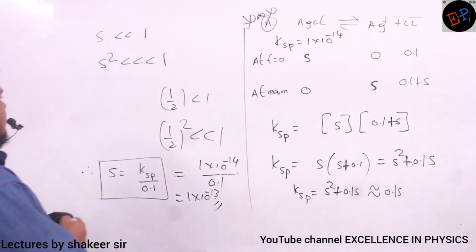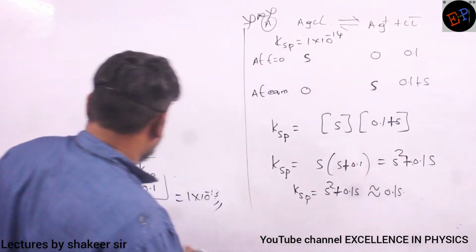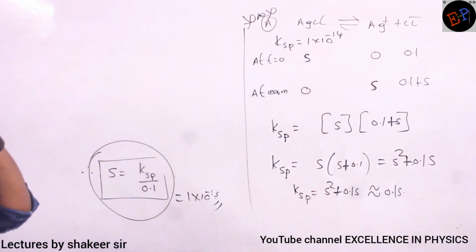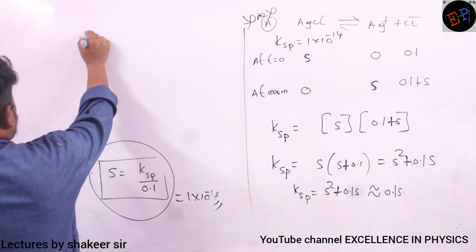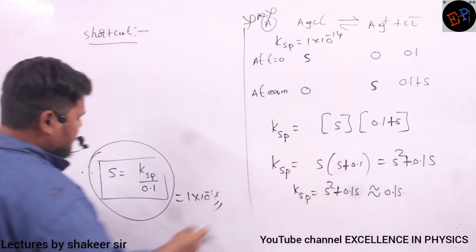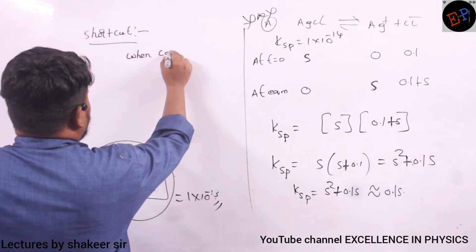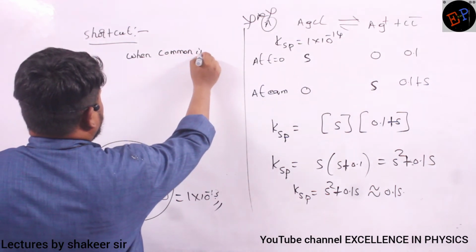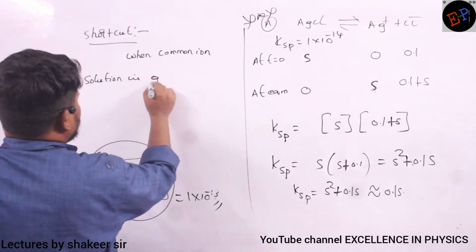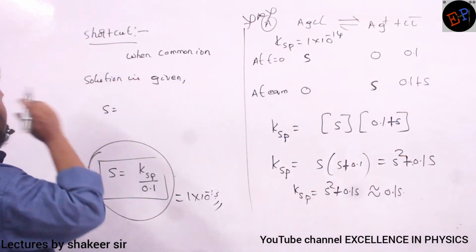Clear? Now see, whatever equation I got here, this same equation I can use as a shortcut in 99% of the cases, but it cannot be correct every time. So the shortcut method, instead of doing it this way, is just this: when a common ion solution is given, how can I calculate the solubility of this salt?